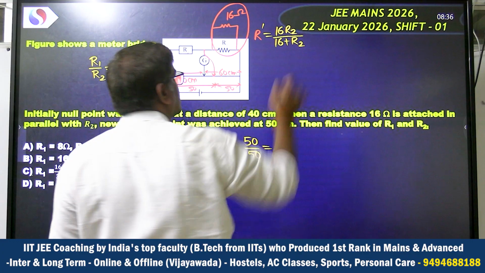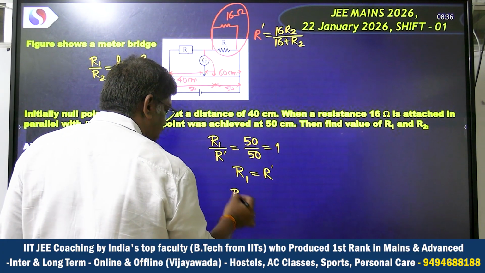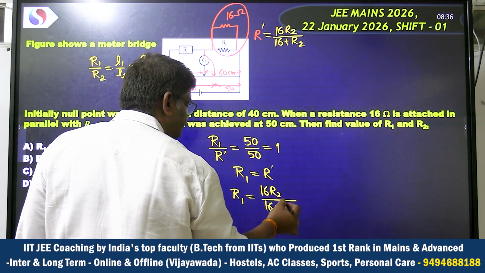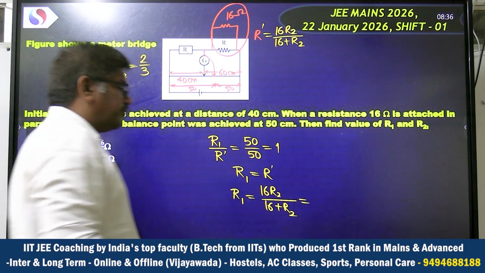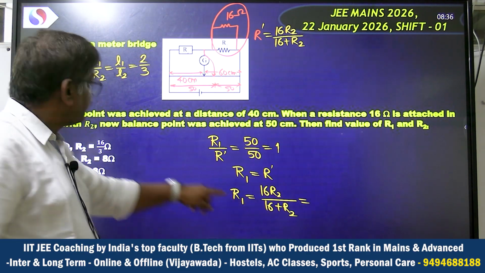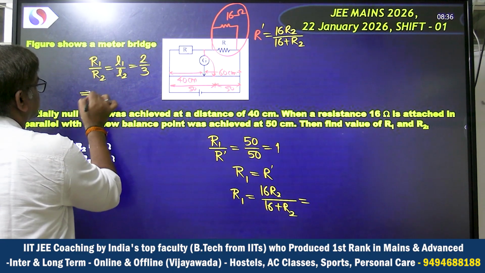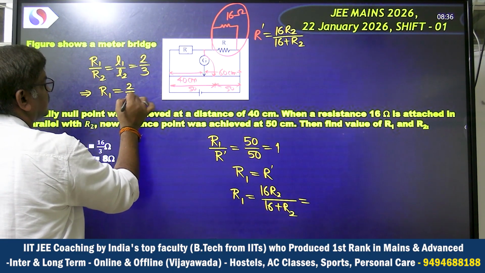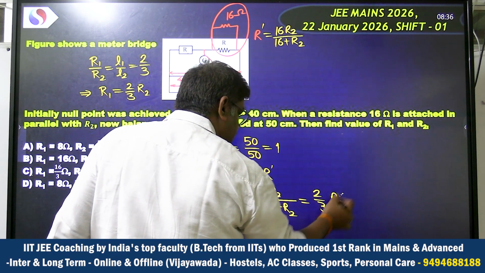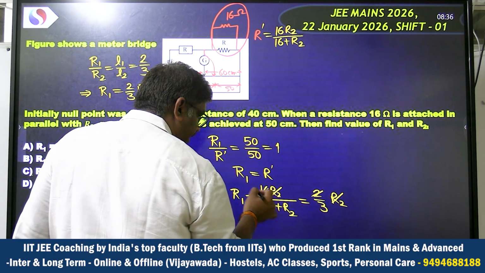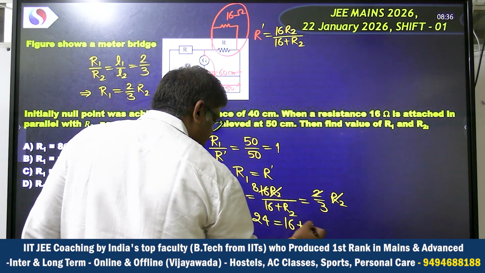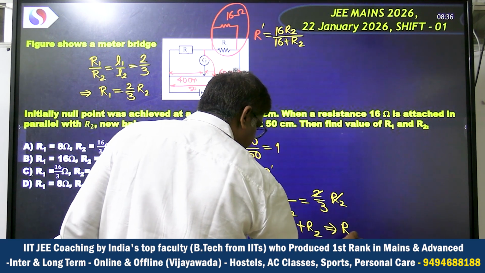So R1 equals 16 R2 divided by 16 plus R2. Two equations are there, so I will replace R1 with 2 by 3 times R2. Then R2 cancels. This is 8, this is 24. 24 equals 16 plus R2, which gives R2 equals 8 ohm.